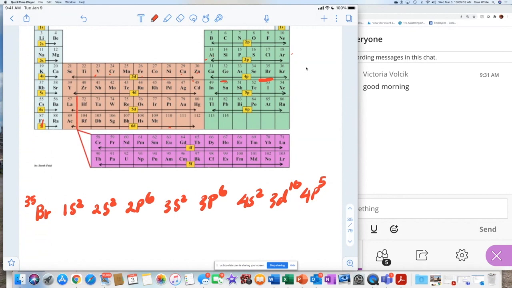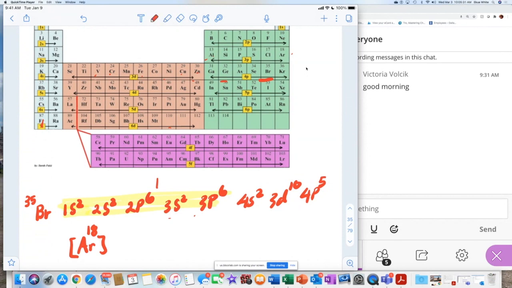But I can use argon. So Ar takes care of 18 electrons, right? It takes care of all of these. So all of these are taken care of by argon, right?